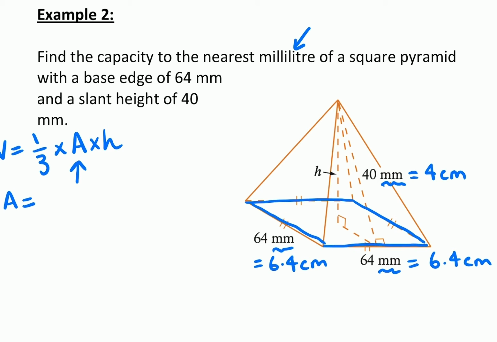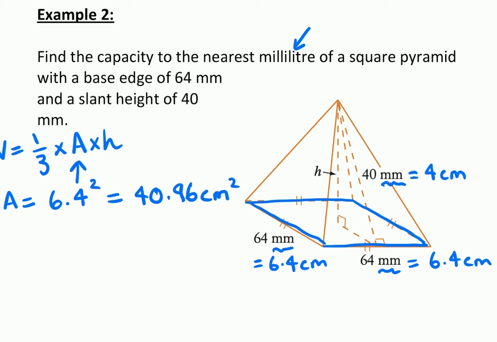All of these lengths are the same, so it's just going to be 6.4, remember we're using the centimeters, 6.4 squared, or 6.4 times 6.4. So 6.4 times 6.4 is 40.96 square centimeters.